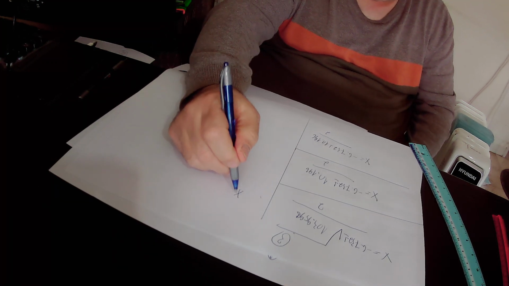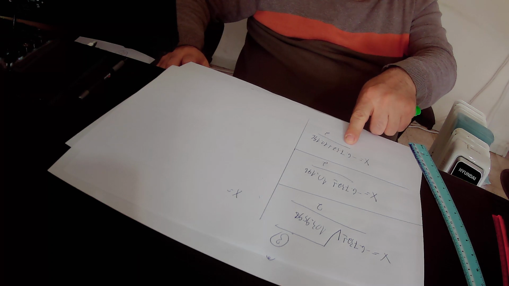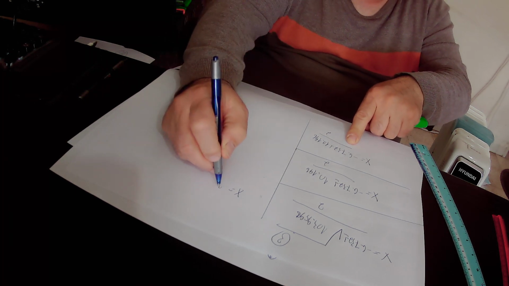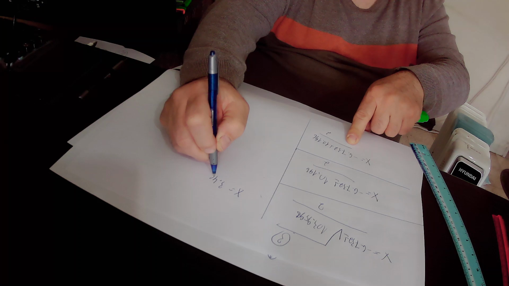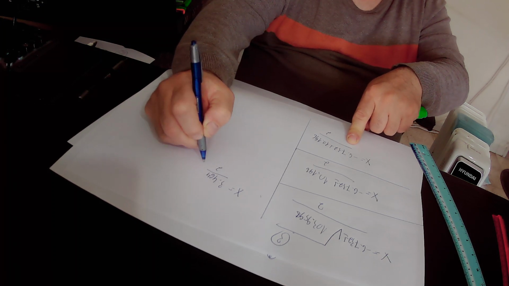So x equals 10.196 minus 6.732, which is 3.464, divided by 2.